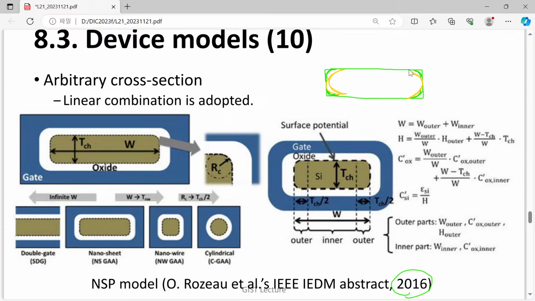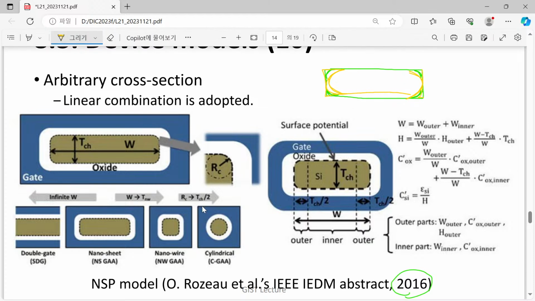If we reduce the roundness of the corner, then we recover the perfectly rectangular shape. If we reduce this rectangle part, eventually we go to cylindrical, because there is no intermediate rectangle, and it becomes perfectly circular. If we increase the width of this rectangle part infinitely, then it becomes a double gate. And in between we have nanosheet, nanowire, anything.